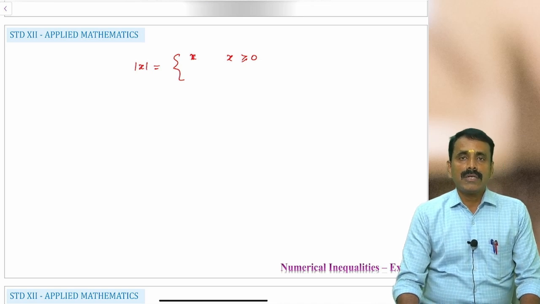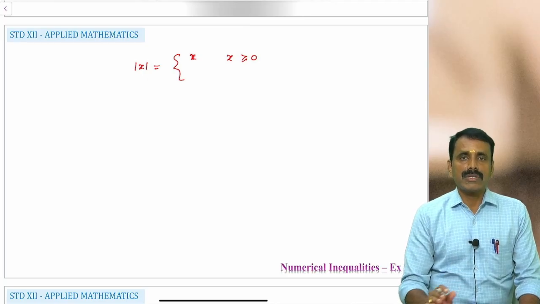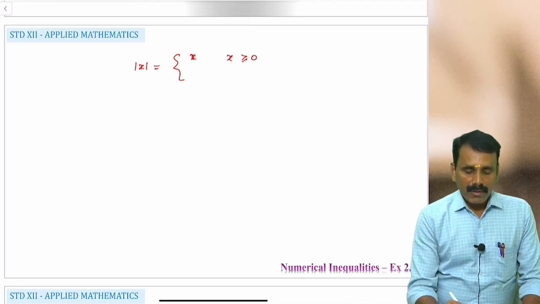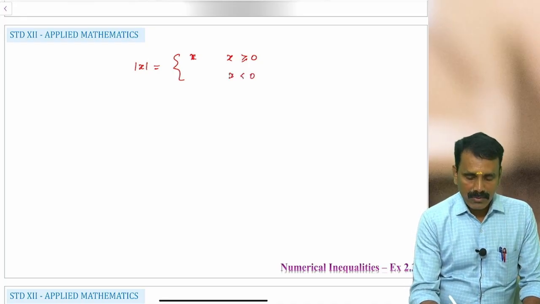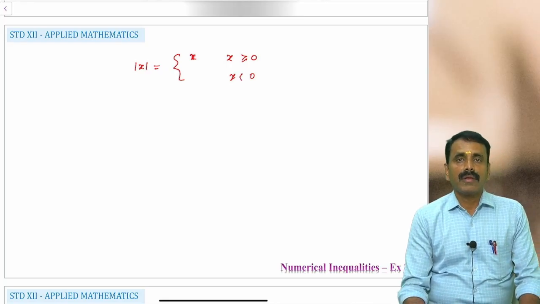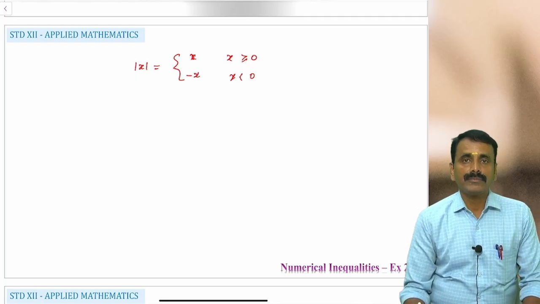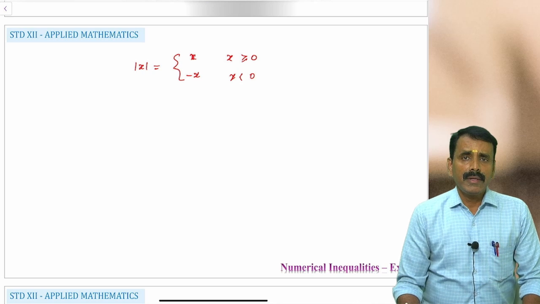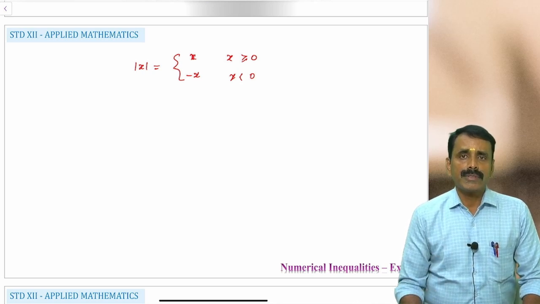Whenever x is 0 or positive, we take the value as such. But whenever x is less than 0, that is, x is negative, it is defined as minus of x. That is why when you apply modulus, the negative numbers are converted to positive numbers.